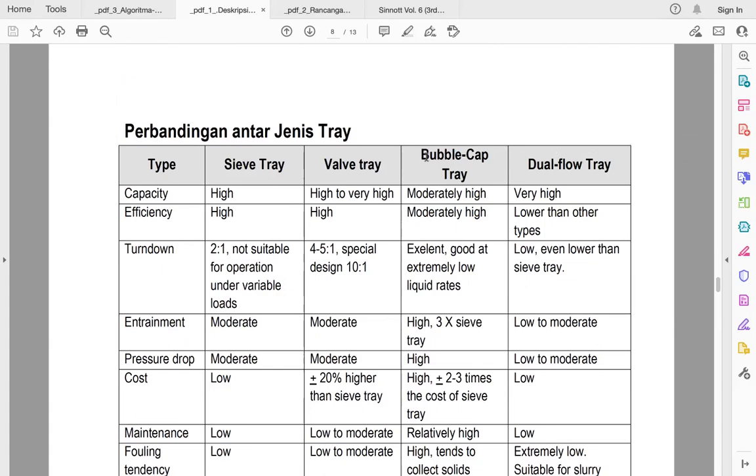I think around 8 to 10 for the height, or I don't know. But when you do the assignments, check again in the book about the L over D ratio, length per diameter. There should be some comments on that.